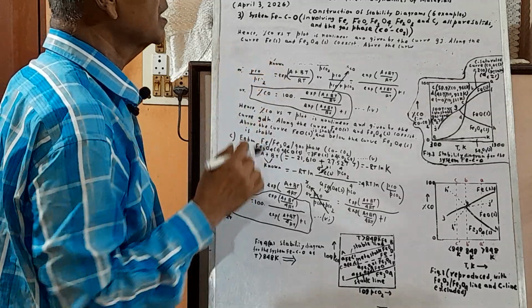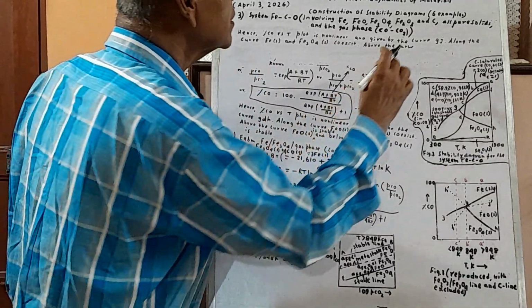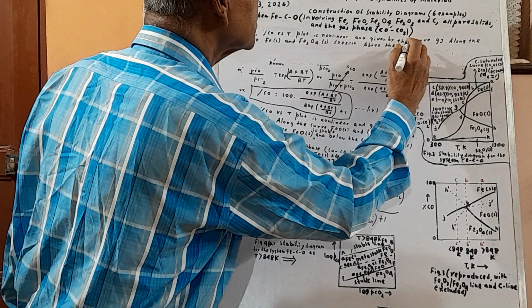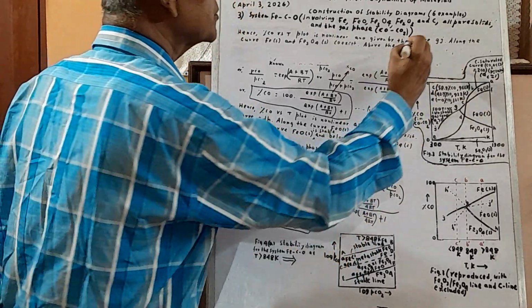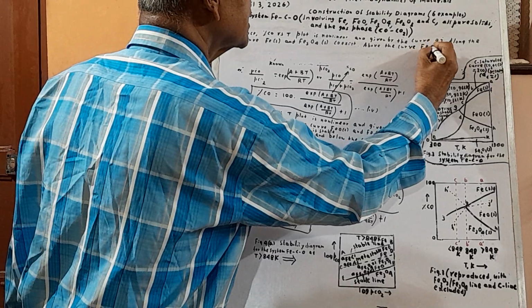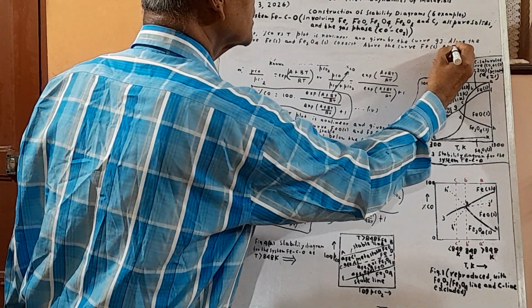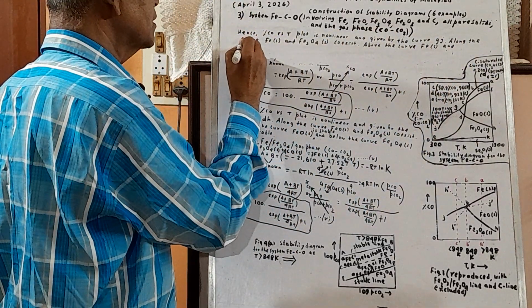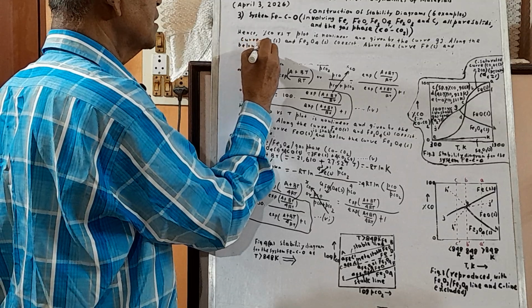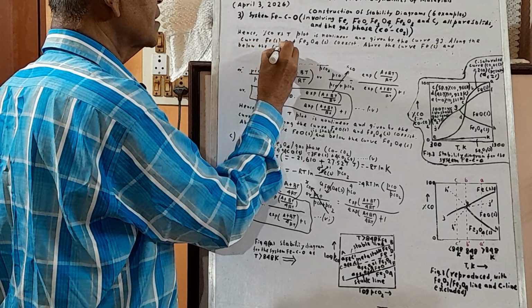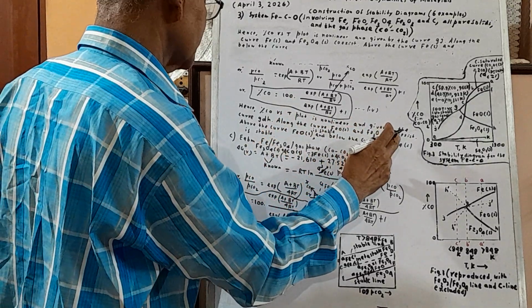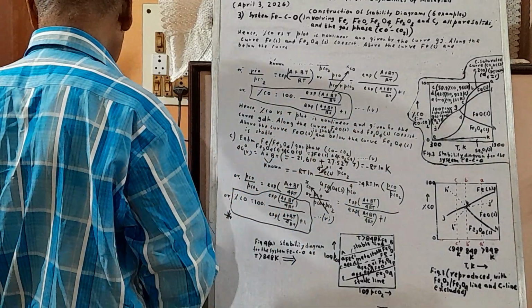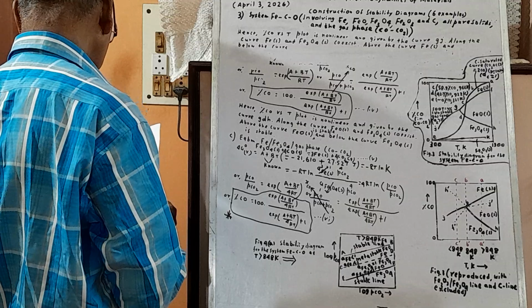Above the curve, who is stable? Above the curve, Fe solid. That is right. And below the curve, coexist. I am sorry, I missed some. I have forgotten that case also.